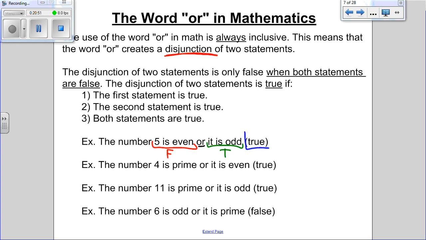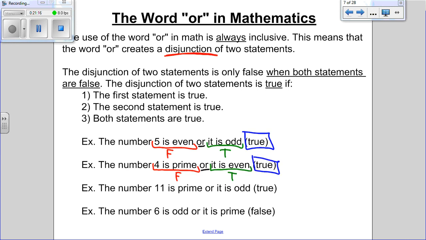This one, the number 4 is prime. The number 4 is not a prime number, so that is false. Or it is even. It only takes one true statement to make an "or" statement true.